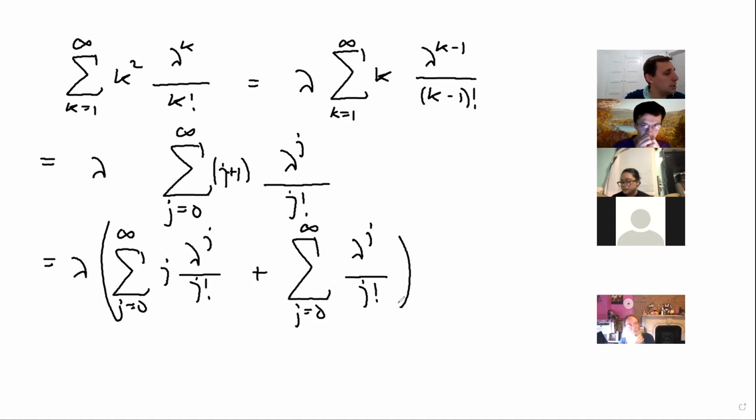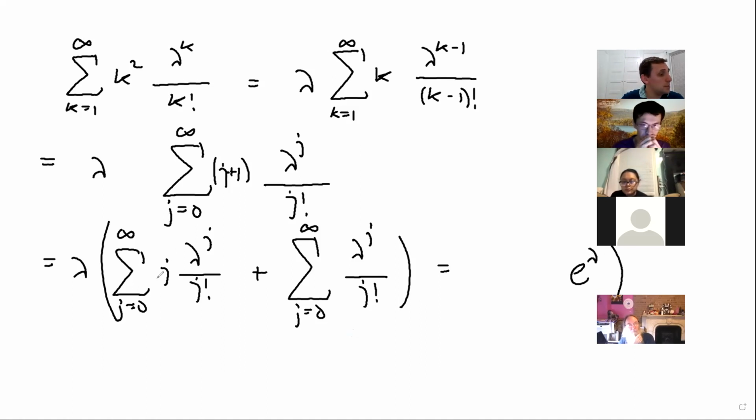And what do I get here? Here, I clearly see that it's just e to the lambda, right? So this part is e to the lambda.